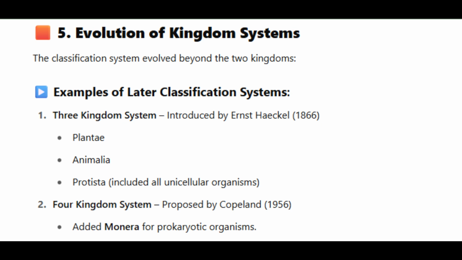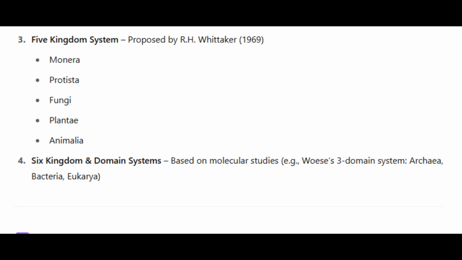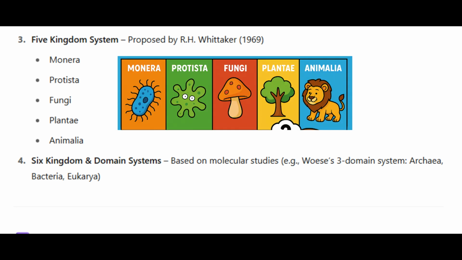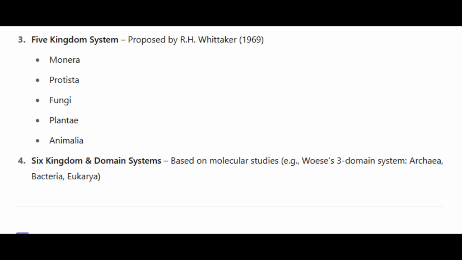Then in 1969 came Whittaker's five kingdoms: Monera, Protista, Fungi, Plantae, and Animalia. It was the most logical model at the time. Later, with molecular biology, scientists proposed even more advanced systems, like Woese's three-domain system, which included bacteria, archaea, and eukarya.